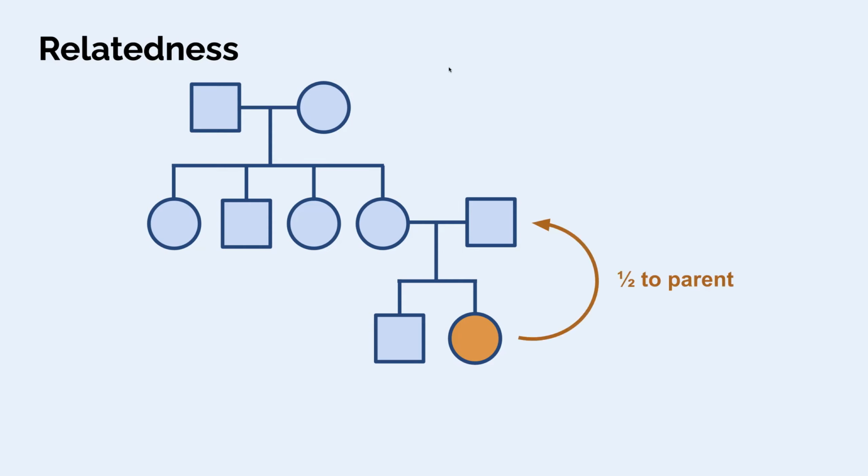When we talk about relatedness, I like to do it in a very simple calculation way, where you are 1/2 related to one of your parents. The assumption here is that if you've got alleles A1 and A2, you had to get one of those from your dad, right?